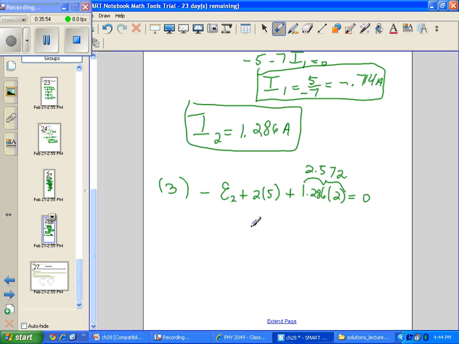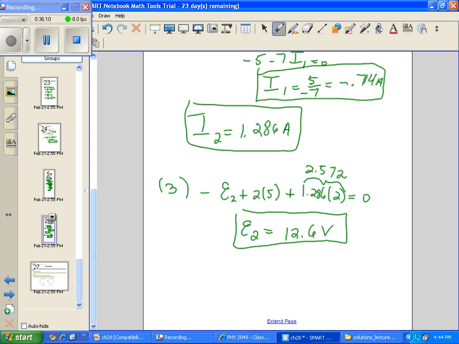Added to 10 gives us an EMF, which is equal to 12.6 volts. We'll just round the 572 to 6. And we have now effectively obtained all of our unknowns, I1, I2, and the EMF 2.